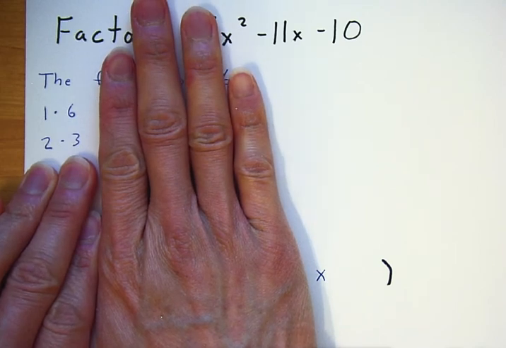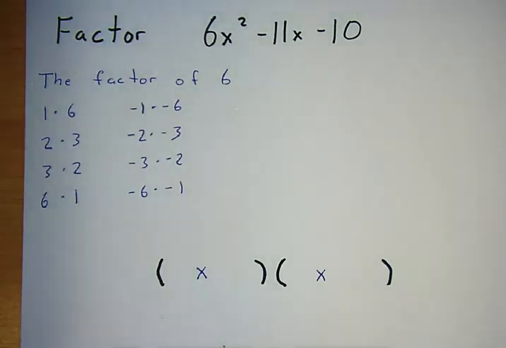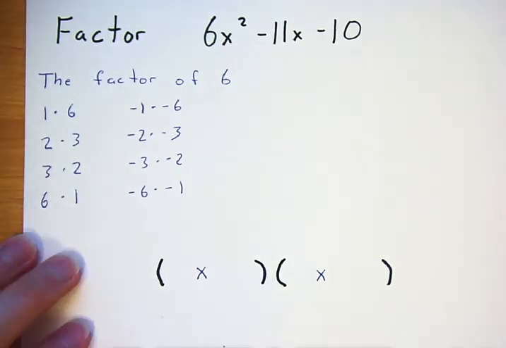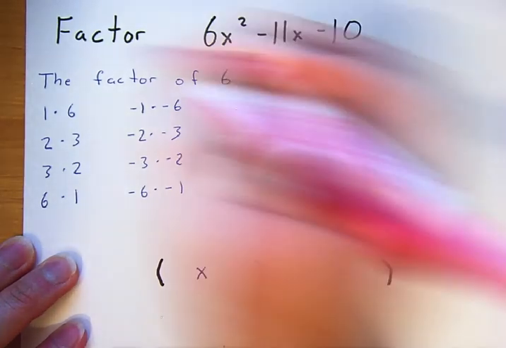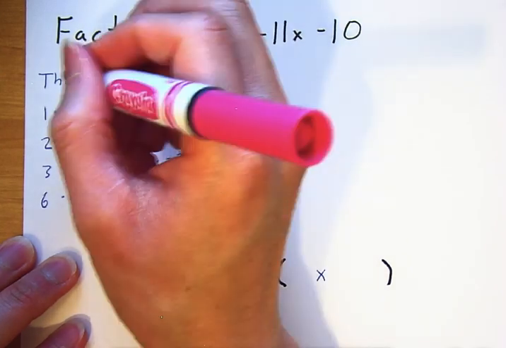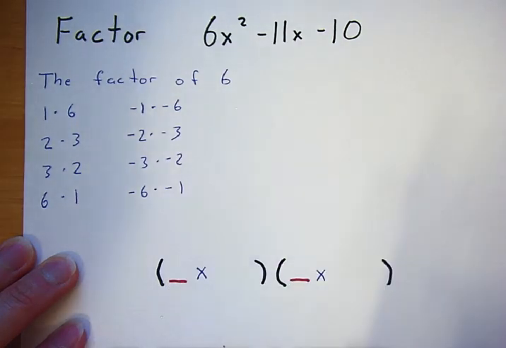So now we have these two options. You're going to pick one of these two options, and you're going to basically put it here and here.